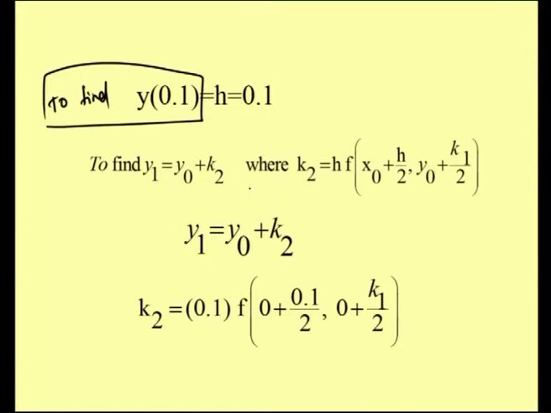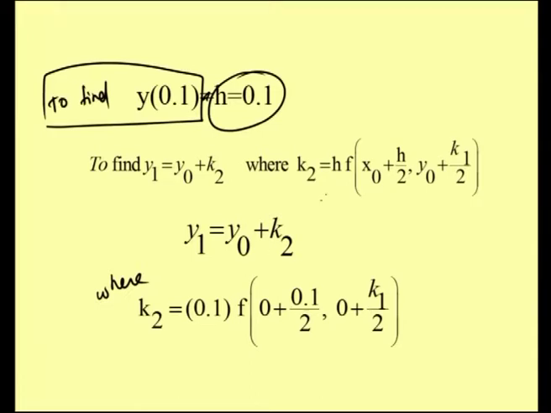To find y of 0.1, we have h is equal to 0.1. So, y1 is equal to y naught plus k2, where k2 is h into f of x naught plus h by 2 comma y naught plus k1 by 2. x naught and y naught are both 0, and we have to calculate k2, but before that we have to calculate k1.